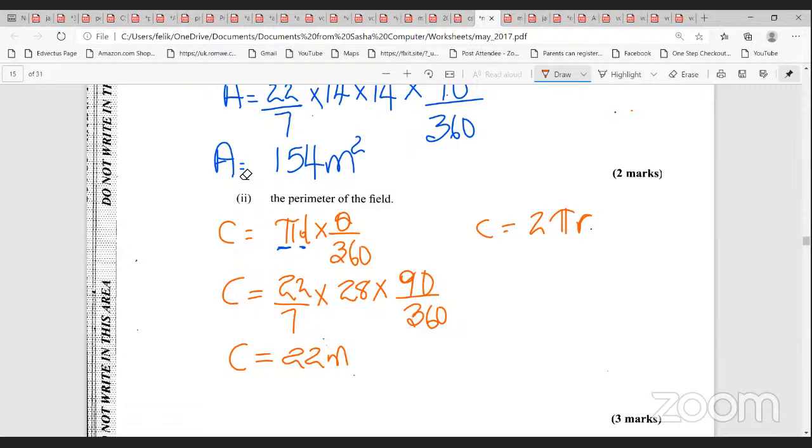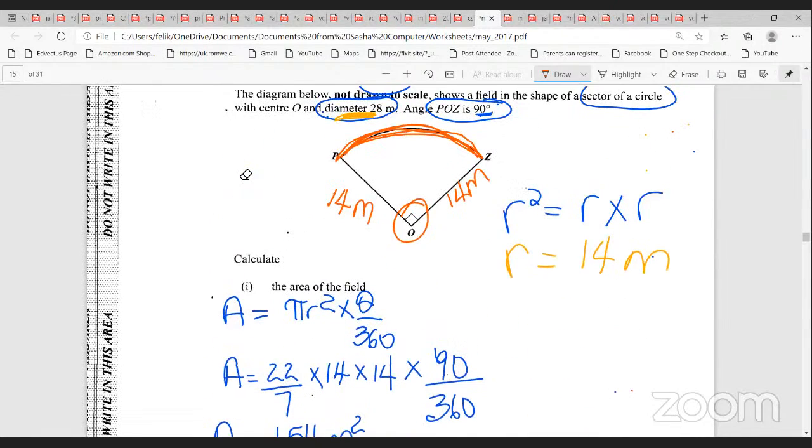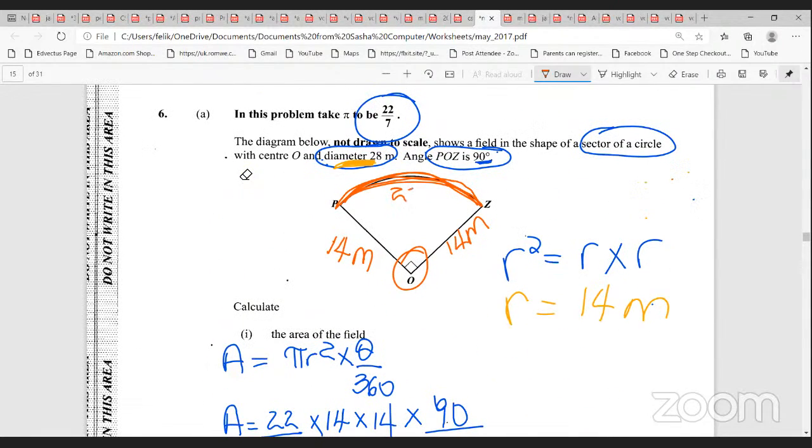Find the perimeter of the field. And this 22 that I've found is for the arc here, 22 meters, right? If we erase that line and just fill that in, it's 22 meters. So now I need to find the perimeter. What am I going to do to find the perimeter?